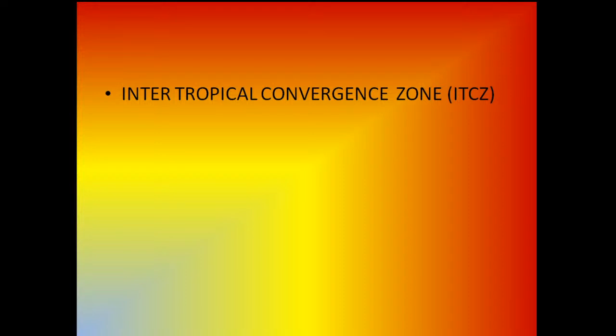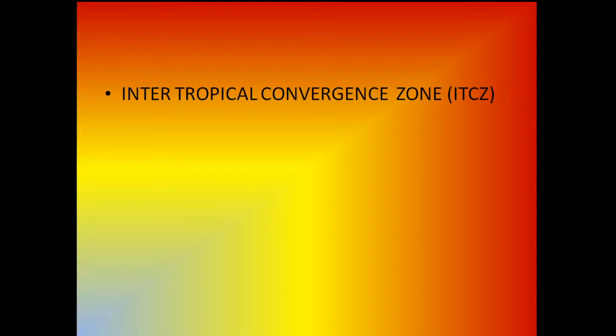If I talk about the intertropical convergence zone, in the equatorial latitudes it is in short called ITCZ. It is a broad trough of low pressure.